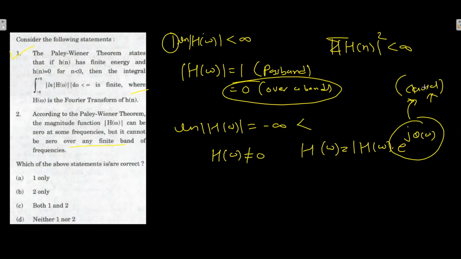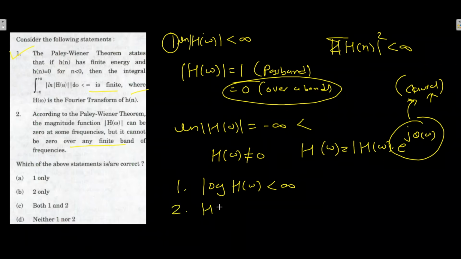So again, the summary: the logarithm of the magnitude should be finite, that is, absolutely integrable. In your short notes you can write that the integral of the logarithm of the magnitude of H of omega should be less than infinity. This is the first statement.